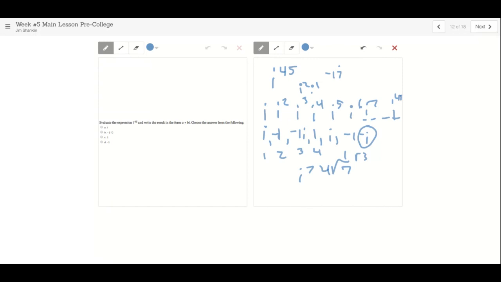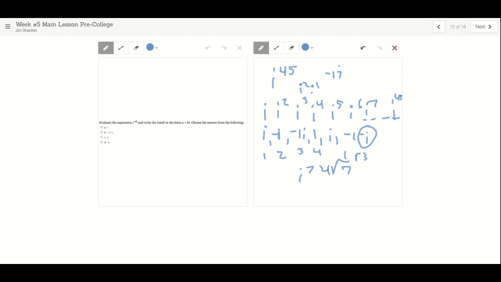Okay, so what is my answer for i to the 45th? If it's divisible by 4, then it is 1. Okay, that makes sense. So what should my answer be here? If we had 45, divide that by 4, what's our remainder?